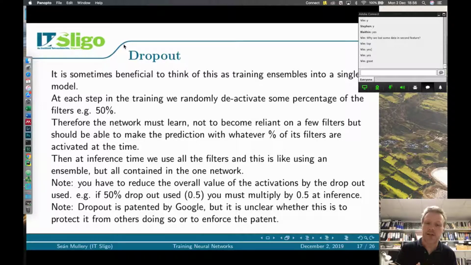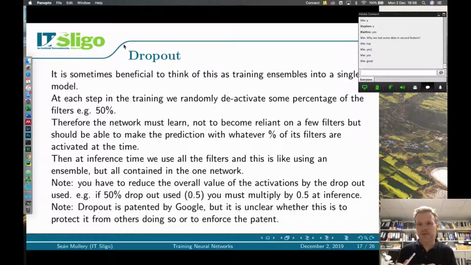When you come to doing your inference, because at training time you only have 50% of the activations, and then at test time you have all of them, the addition of all of them together leads to a bigger number. So you've got to divide by half, or multiply by 0.5, so that you lower the level of the activations overall. It's like that fan-in again, you've now got twice as many.